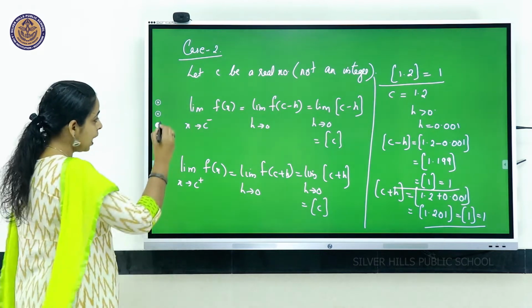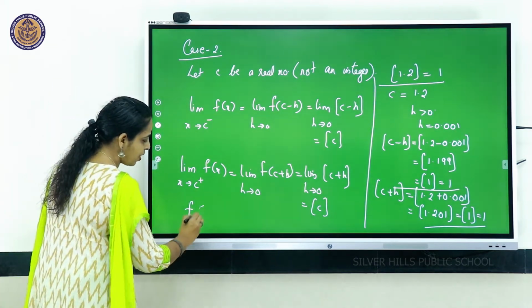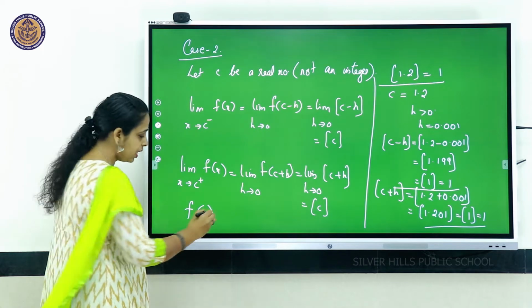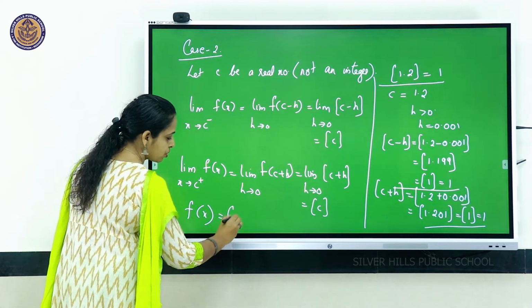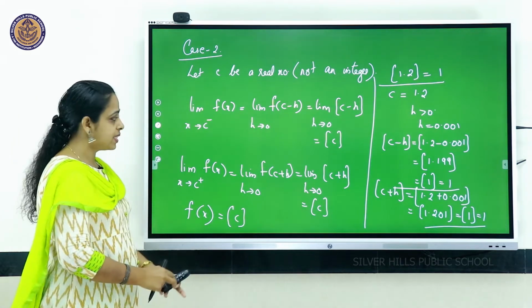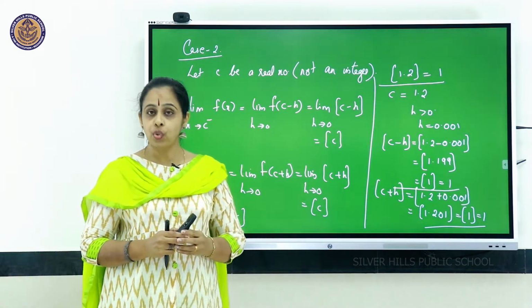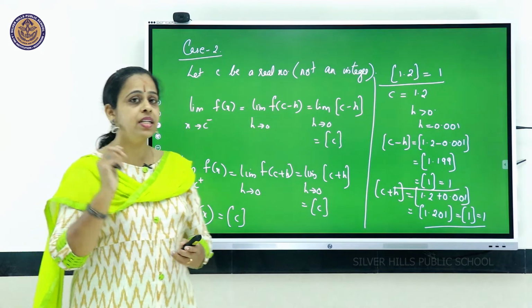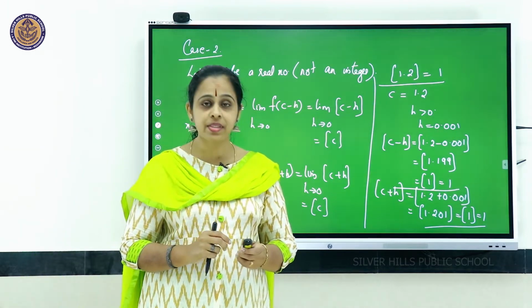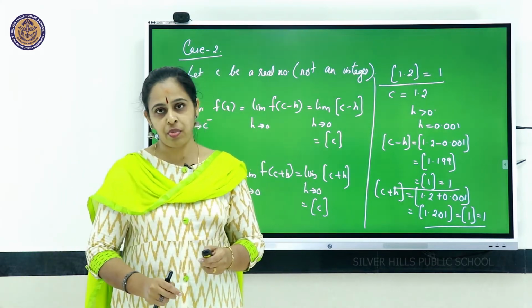And directly when we apply f of x at c, it will be equal to box of c. Now we can see all 3 of them are equal. So, the greatest integer function is continuous at non-integral points.